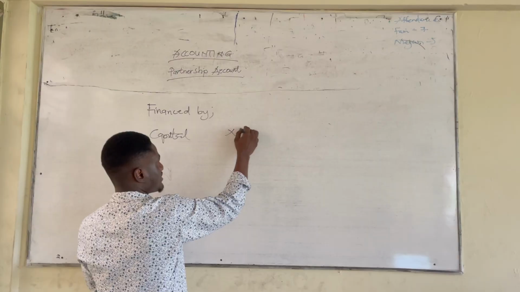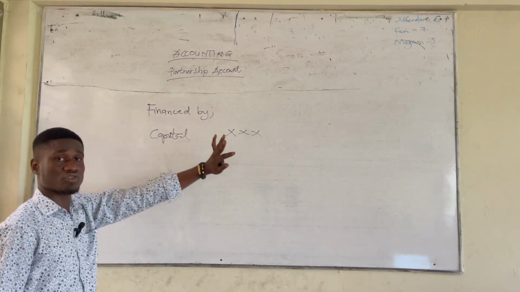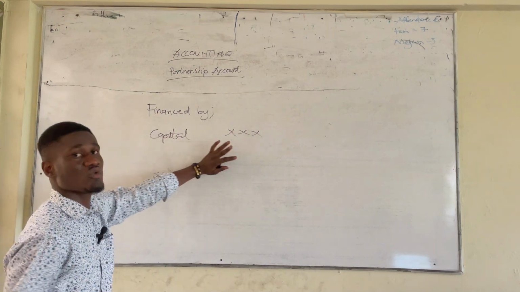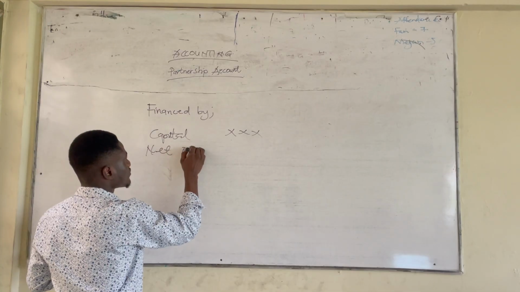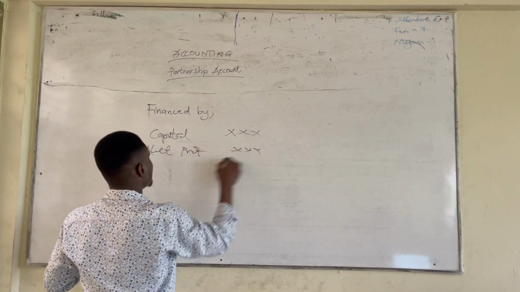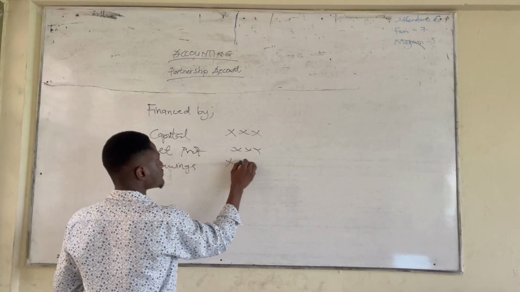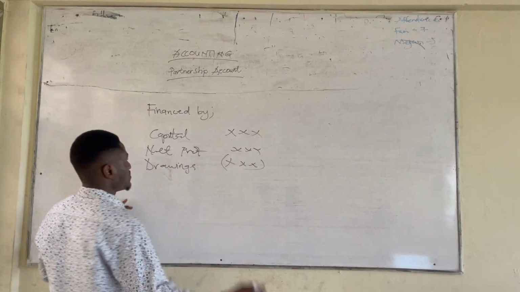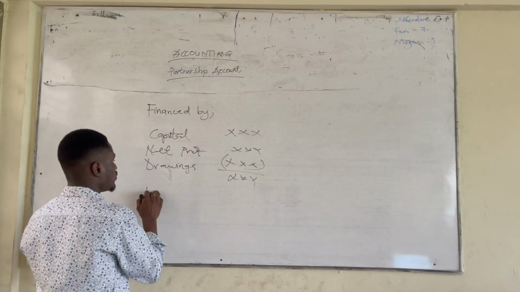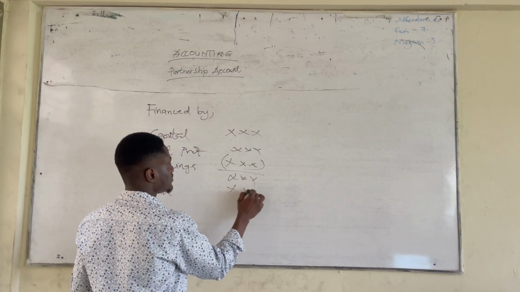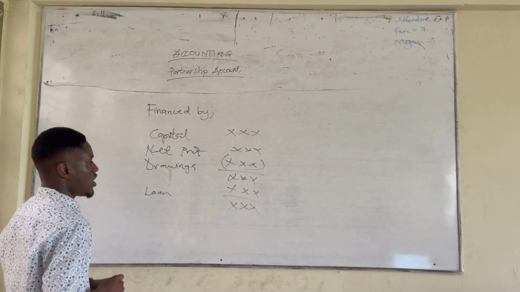Because it's only one person introducing capital, there's only one amount there. And we add net profit. We take away any drawings. And when we get this, we add any long-term loan. Then we get our total equity.